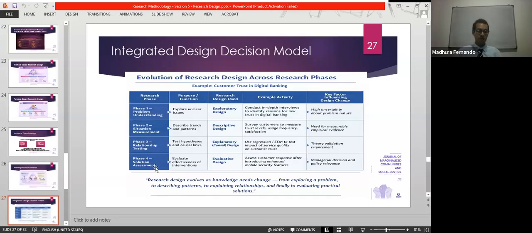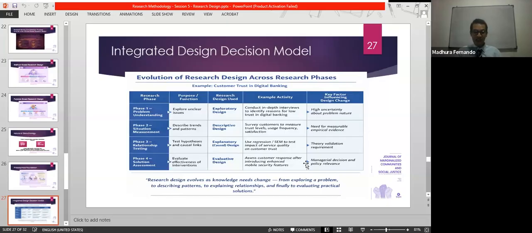The last one is phase 4, solution assessment. Now you have a solution. You have given a solution in the earlier phases, and you want to evaluate from time to time the effectiveness of interventions. With some interventions, you can evaluate the trust levels of the customers using your model.